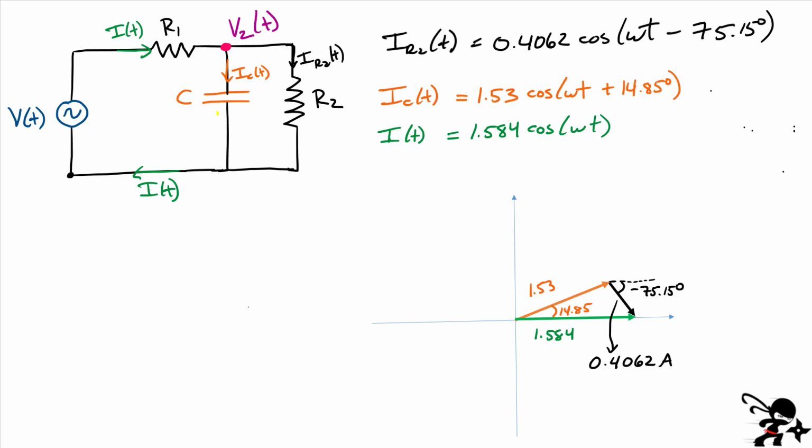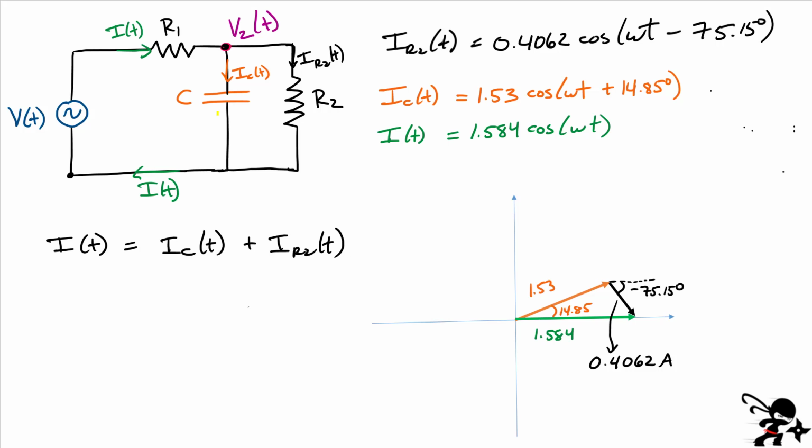Now, does this make sense? So what does it say? Imagine what the junction rule would be here, right? Whatever current flows into the junction has to be the current flowing out. So that would look like I of t must be equal to the current going in the capacitor branch plus the current going through that resistance R2.